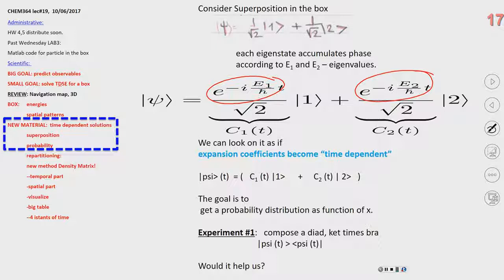So the time-dependent factors do what? Just change in time? Yes, thank you. Change in time. How do they change in time? They oscillate. Oscillate is maybe okay if the word oscillation is applicable to a complex exponential.